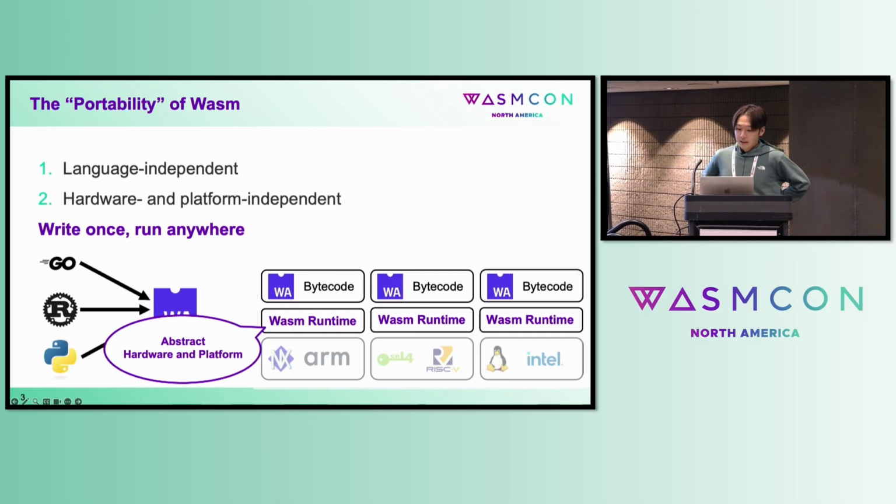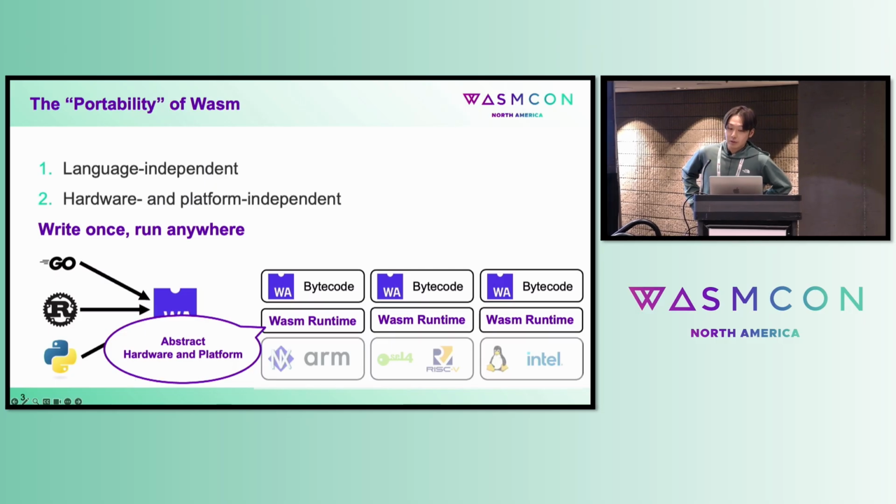The second is hardware and platform independent. Wasm runtimes abstract hardware and platform, enabling Wasm bytecode to run on any hardware and operating systems. These natures enable write once and run anywhere.